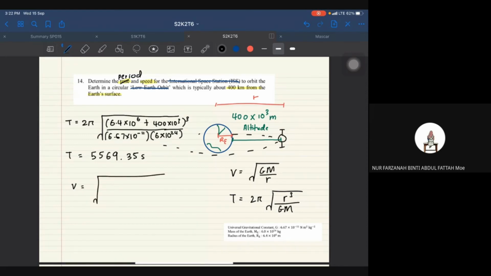Okay, did you get the answer above? Yes, sir. To calculate the velocity, you only have one formula, square root of GM over R. Again, the mass is the mass of the earth because it's capital M. Does the radius need to be added here? Yes, needed, good. Add as well.